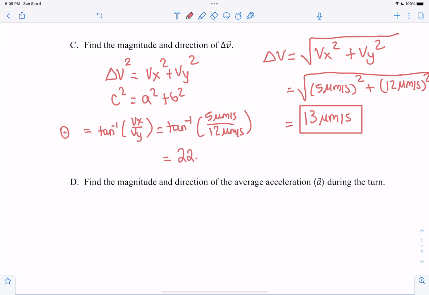Lydia, did you get that as well? 22.6 degrees. Yeah, that's about right. Yeah, 22.7, 22.6. Just kind of depends on your rounding.